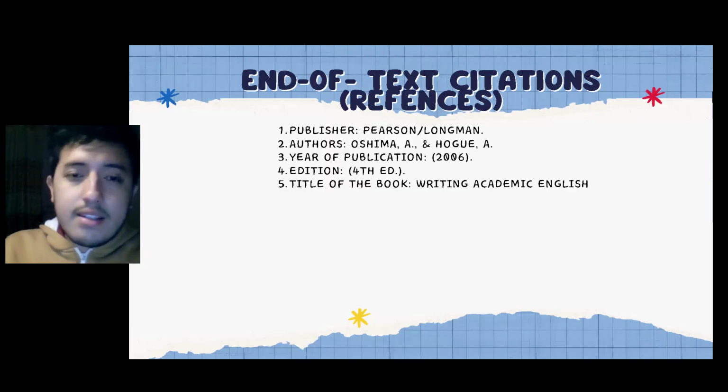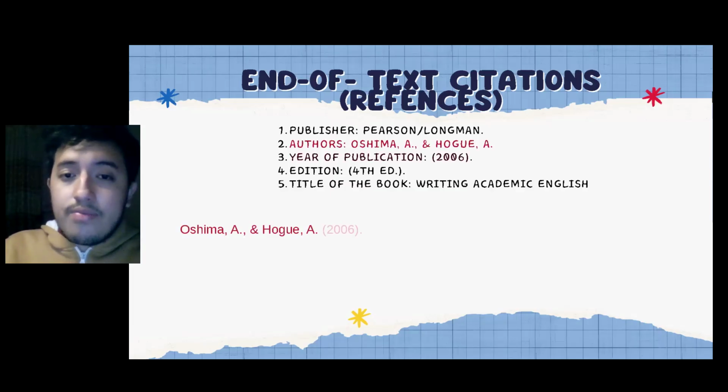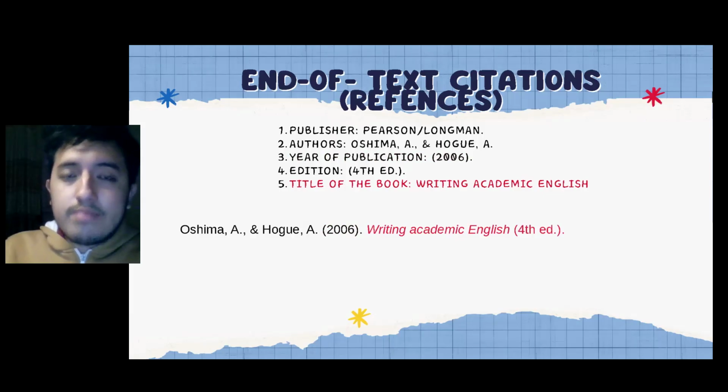First, the last name. So with this example, we need to put first the authors, then the year of publication. After that, the title of the book, italicized, and in this case, the edition without italics. Finally, the publisher, in this case, Pearson Longman.